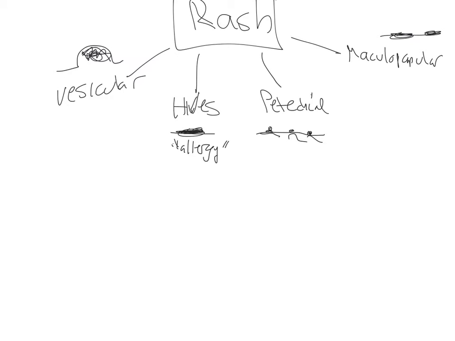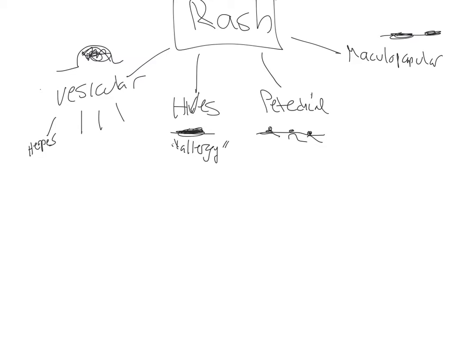All right, so if we want to start over here with vesicular rashes, what I would do is start thinking about who are my most probable causes for vesicular rashes. Who are some of the main culprits? And to me, the first one we would talk about are herpes rashes.